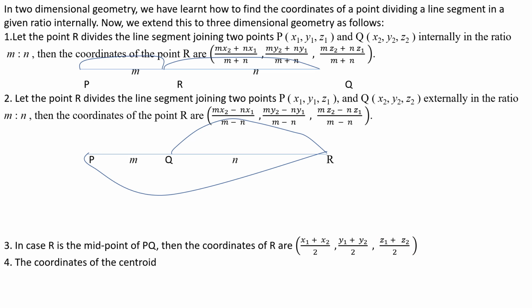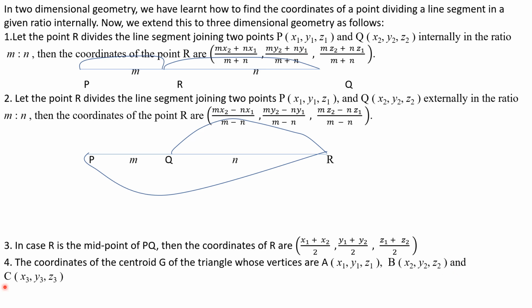Now, come to the fourth point. The coordinates of the centroid G of a triangle whose vertices are A (x1, y1, z1), B (x2, y2, z2), and C (x3, y3, z3) are G = ((x1 + x2 + x3)/3, (y1 + y2 + y3)/3, (z1 + z2 + z3)/3).